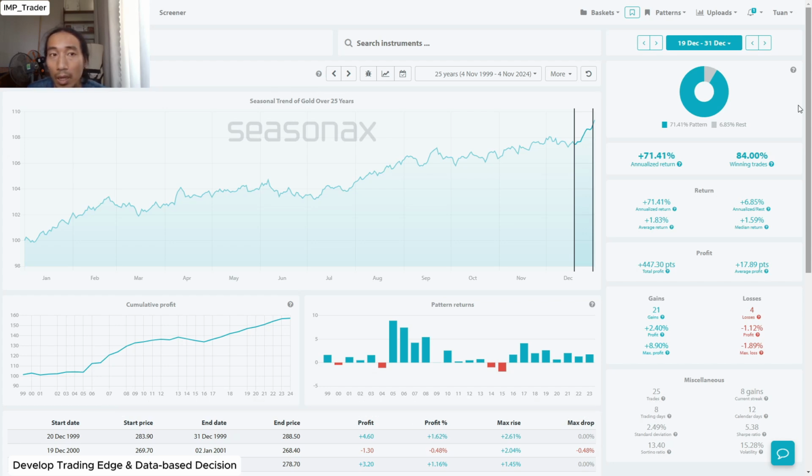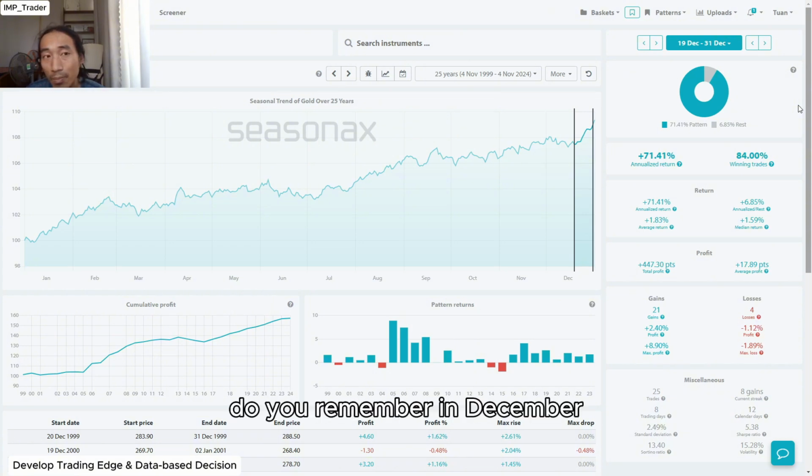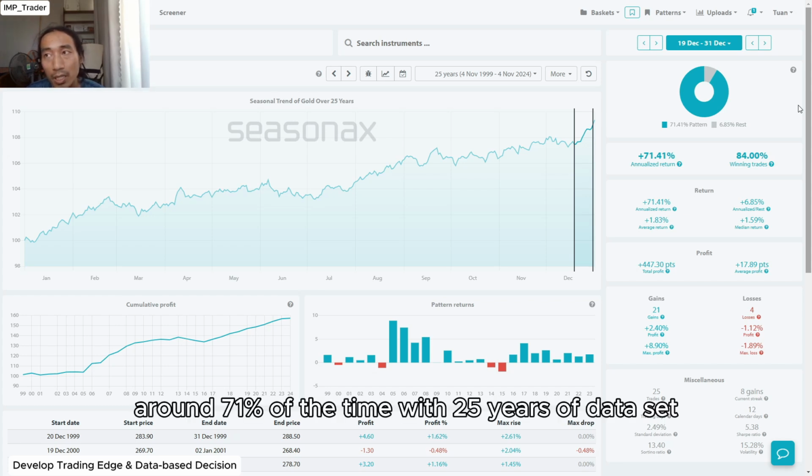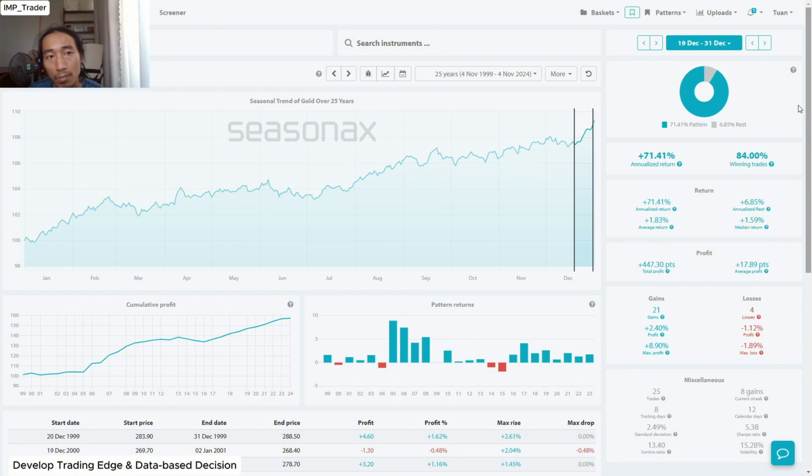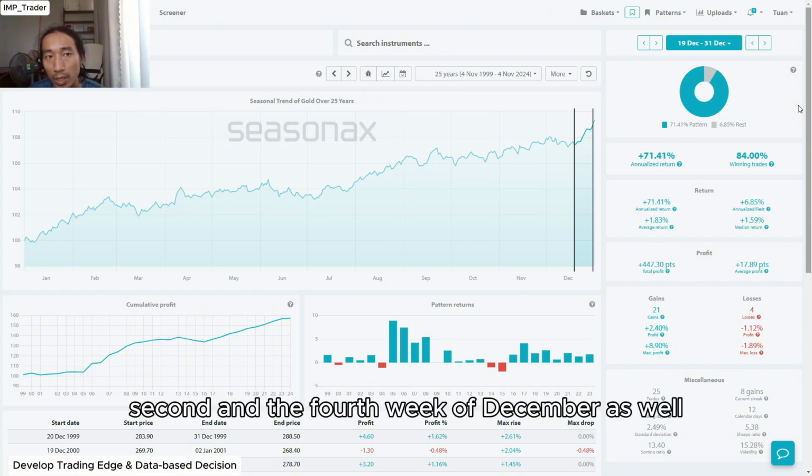If you remember the earlier example about seasonality in EUR/USD, in December it usually has a bullish tendency around 71% of the time with a 25-year data set. And gold has a tendency to rise in the second and the fourth week of December as well.